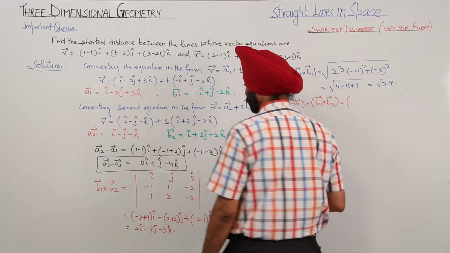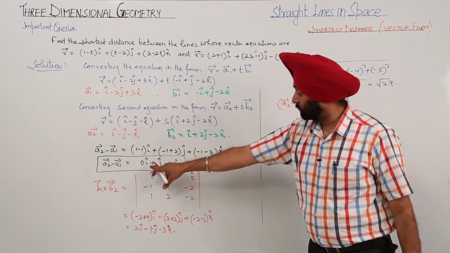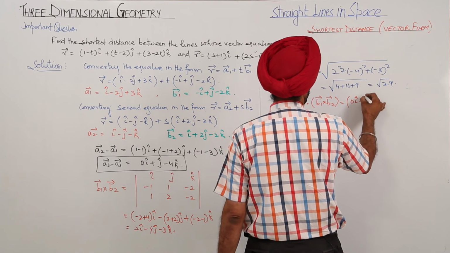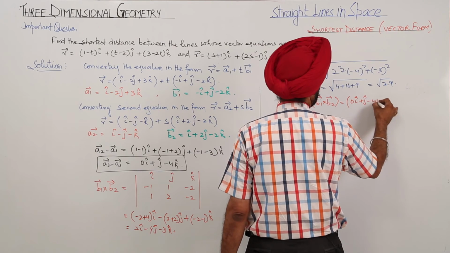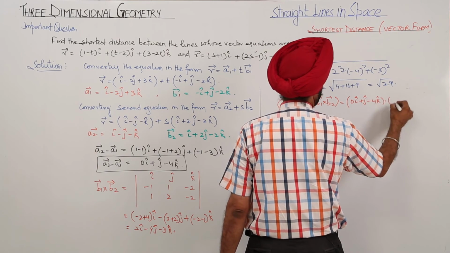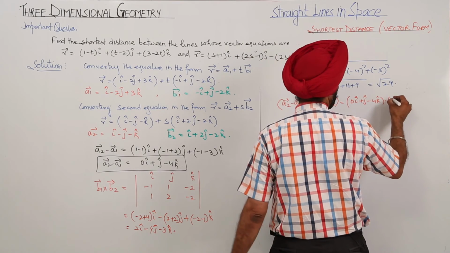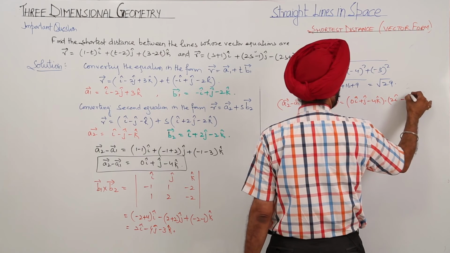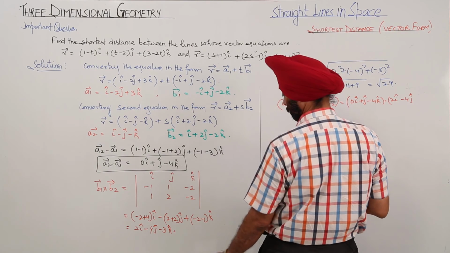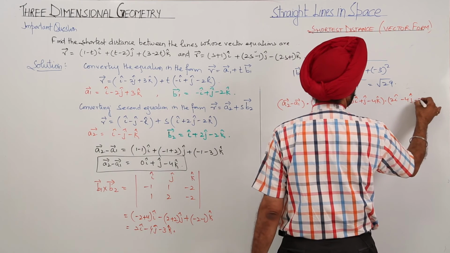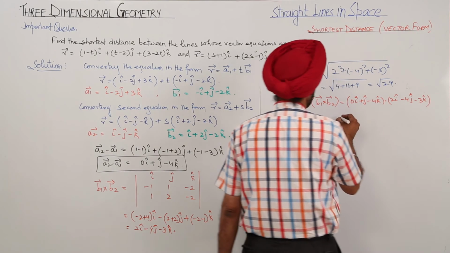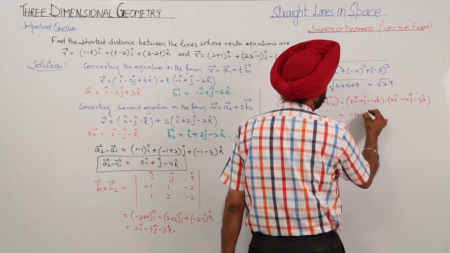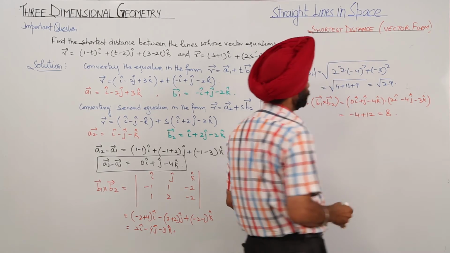Now a2 minus a1 is this one, 0 i cap plus j cap minus 4 k cap, dot product for 2 i cap minus 4 j cap minus 3 k cap. Now this is equal to negative of 4 plus 12 is equal to 8.